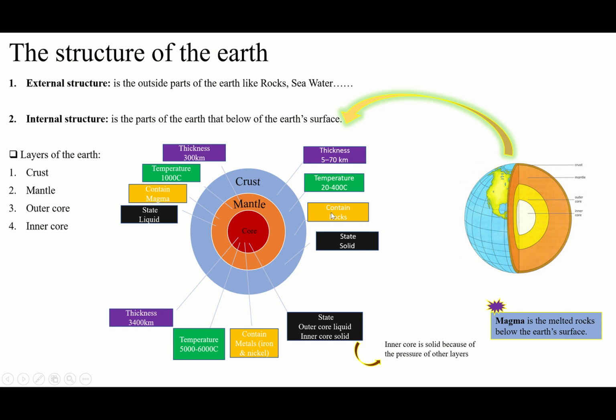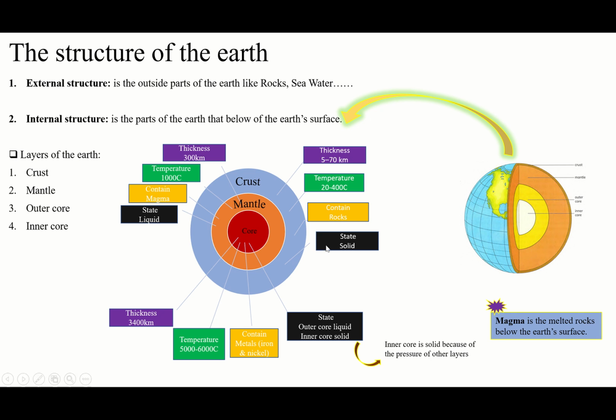So these are the materials contained in each layer. So this is the thickness, temperature, and what they contain.